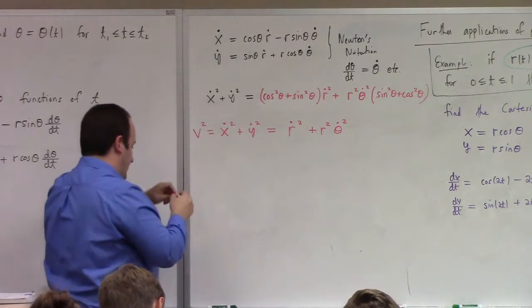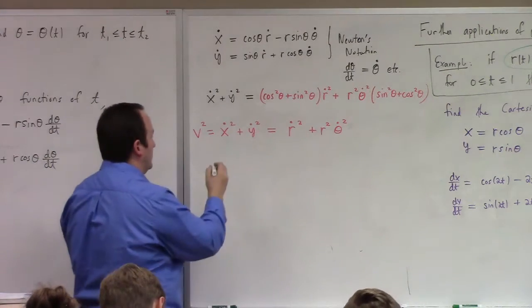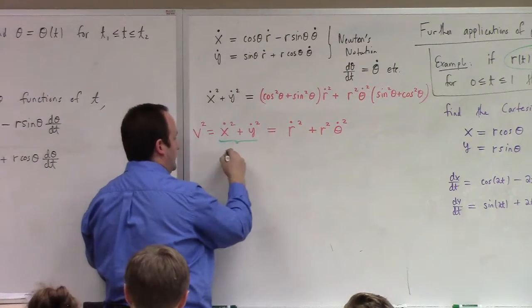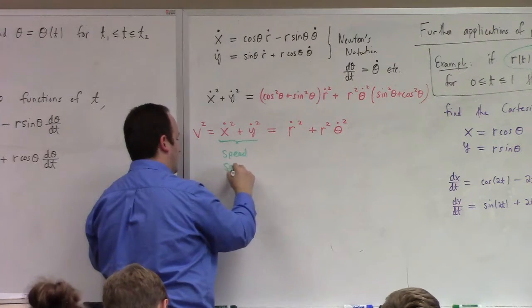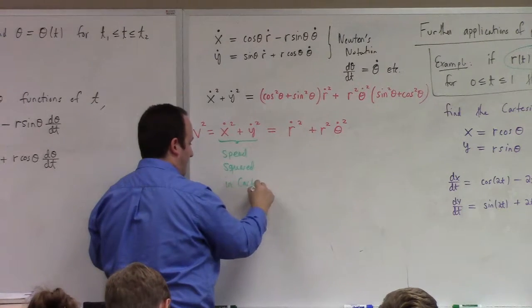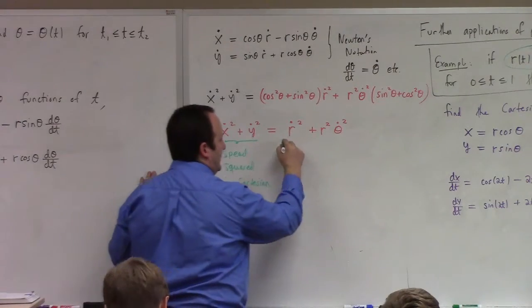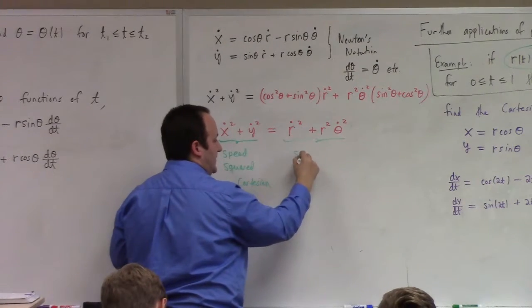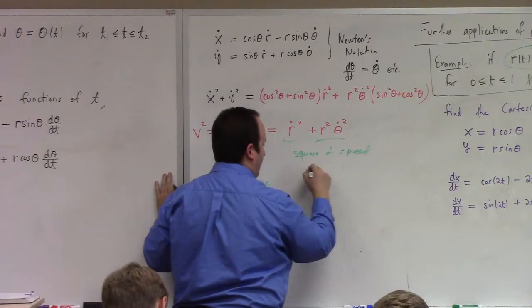What you're looking at here is something actually kind of interesting, believe it or not. This is the speed squared in Cartesian coordinates, right? And what are we looking at here? This is the square of the speed in polar coordinates, right?